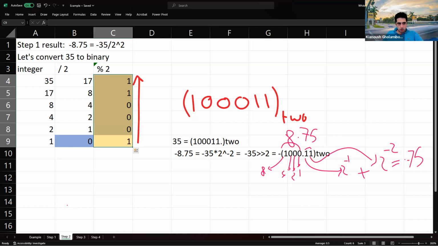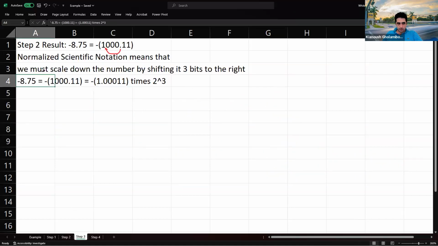After step 2 is over, we're going to jump to step 3. We're going to use the result of step 2. The step 2's result was 1000.11. Now, what I'm going to do is the normalization. I'm going to create a normalized scientific notation.